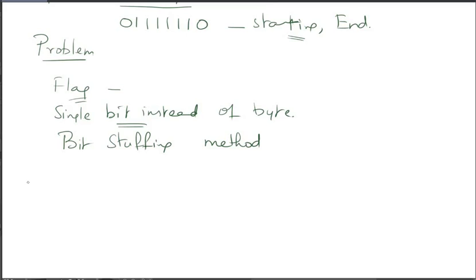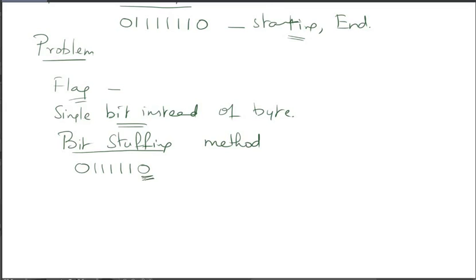In this bit stuffing method, if there is a 0 followed by 5 ones, an extra 0 is added. This extra stuffed bit is removed from the data by the receiver, so it will understand that this is not a part of the data.